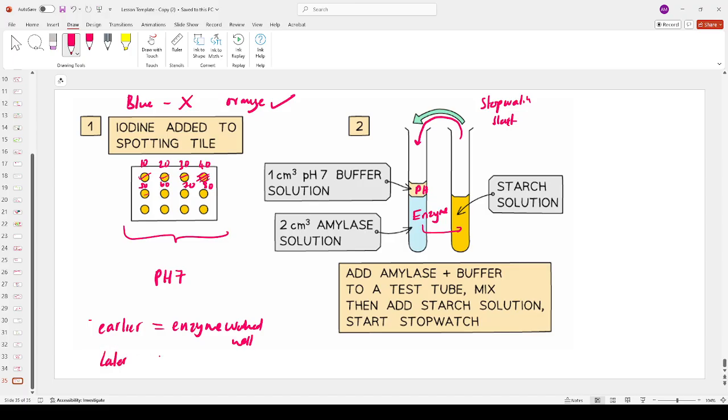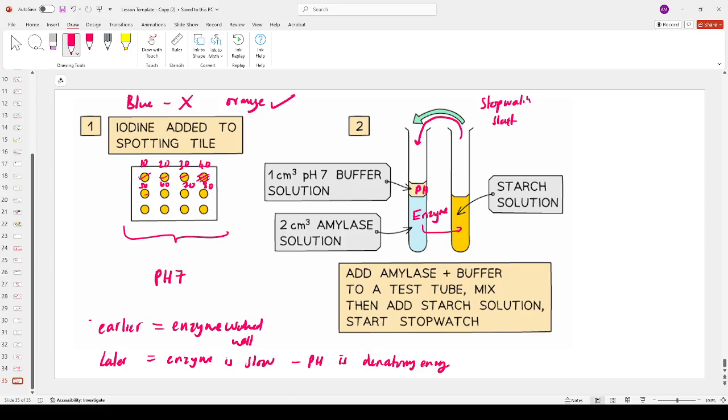Later tile, enzyme is slow. And that means pH is denaturing the enzyme. Okay, so we just did this for pH 7.